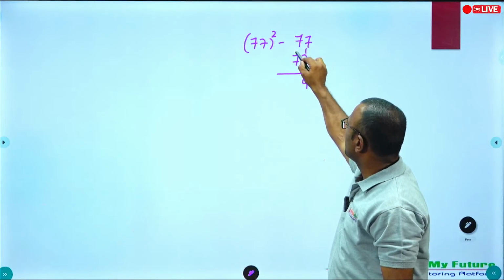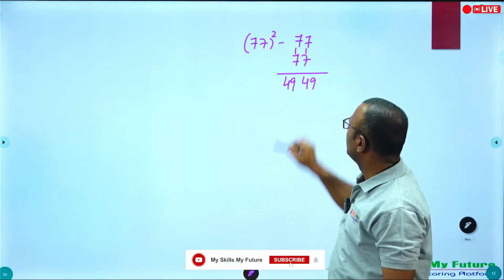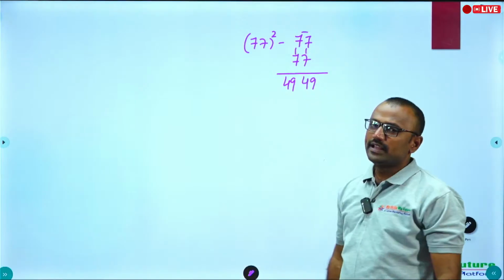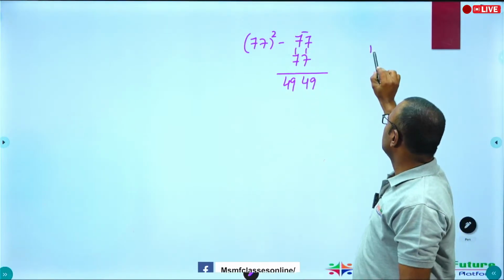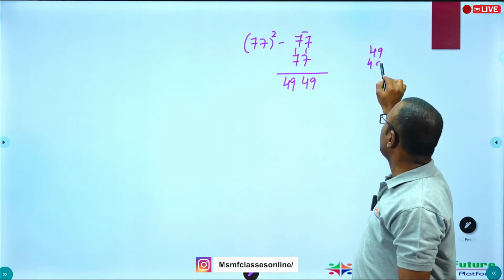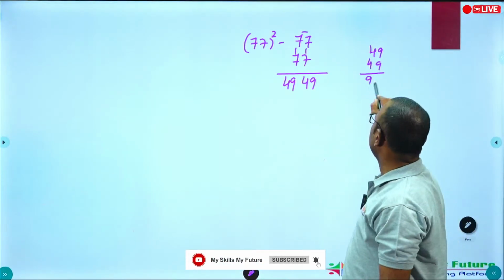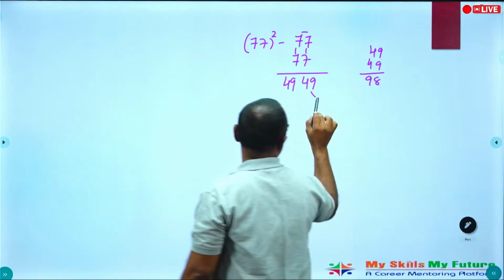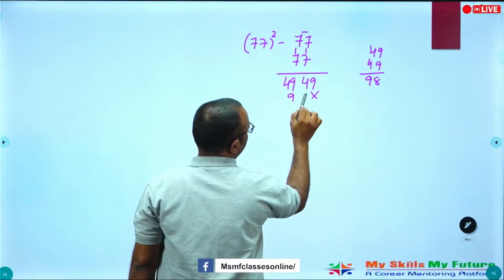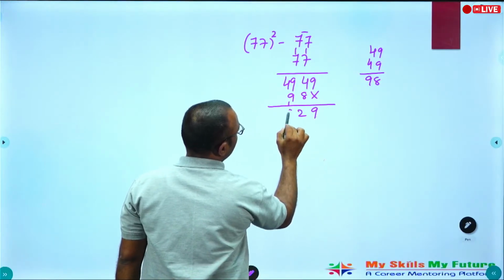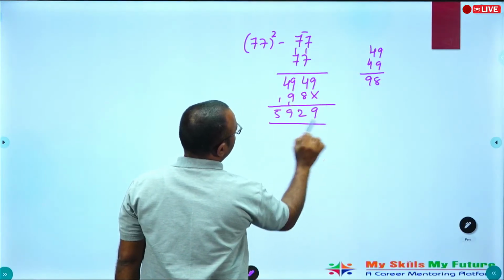Again multiply horizontally, 7 sevens 49 just twice. So 49 plus 49 is 98. Leave the one number and here write 98. So 9, 12, 19, 5929.